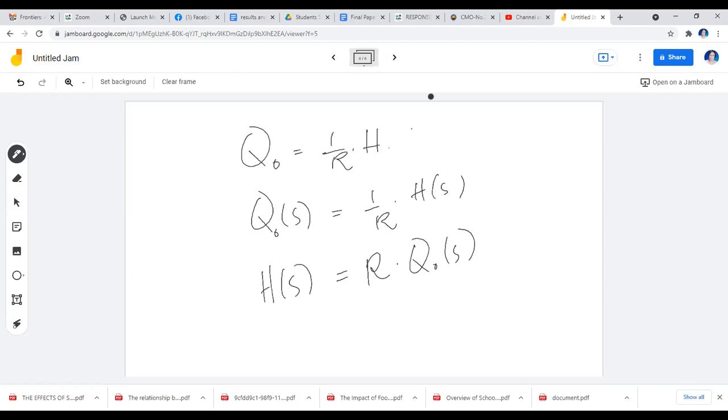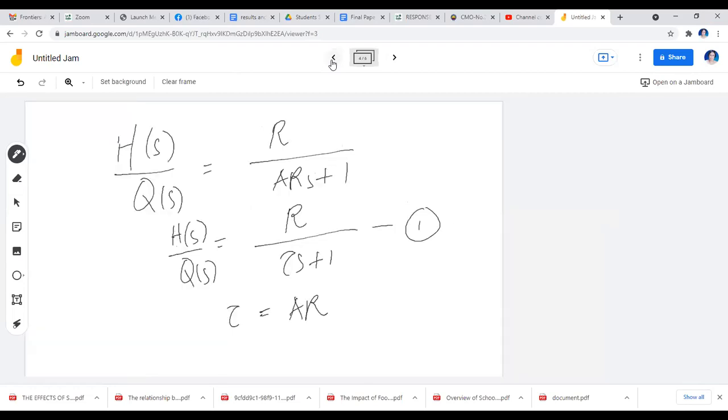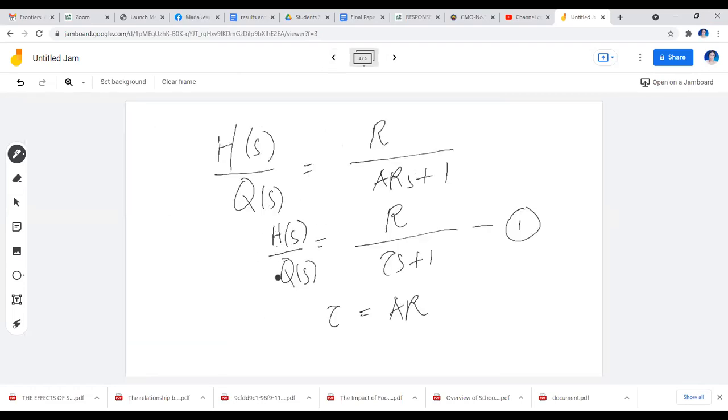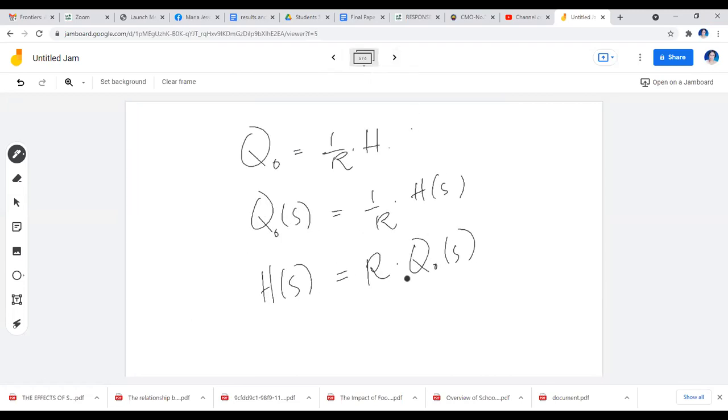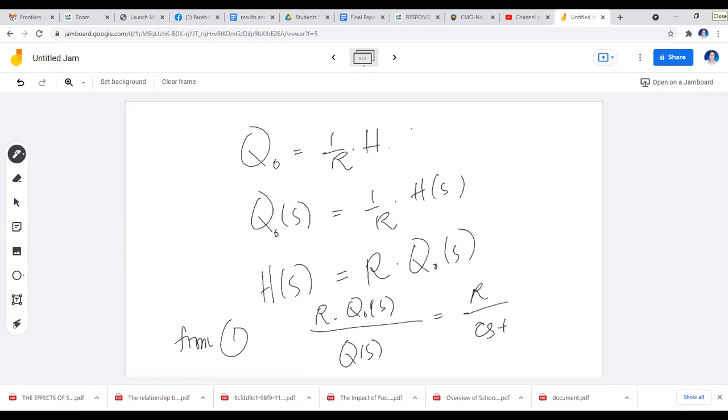Okay? So in here, you can see we can change the H of S here to R Q sub O of S. So from 1, your R Q sub O of S divided by Q of S is equal to R over tau S plus 1.